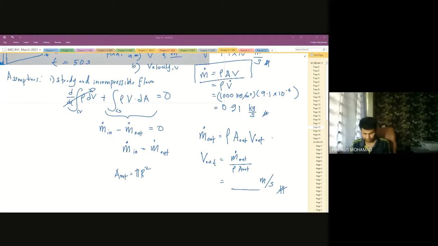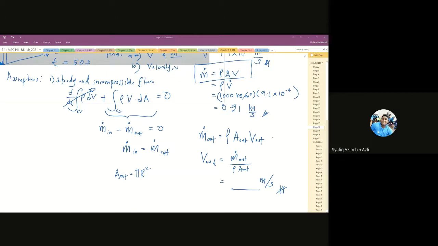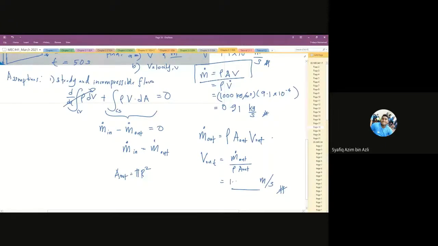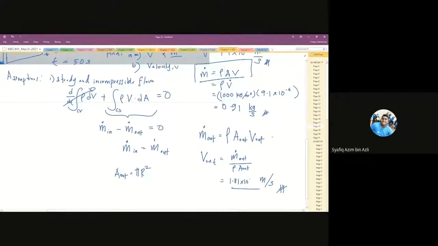Dah? Berapa dapat? V out? 1.81 darab 10 negatif 3 meter per second.